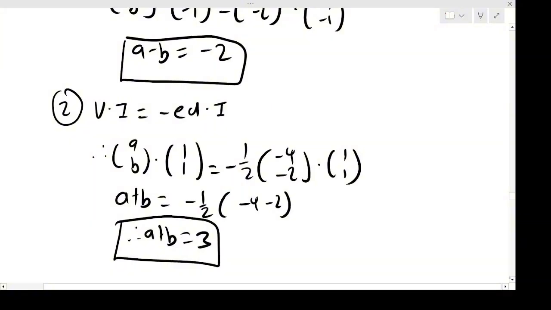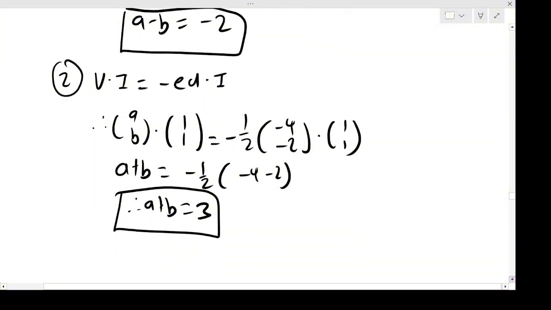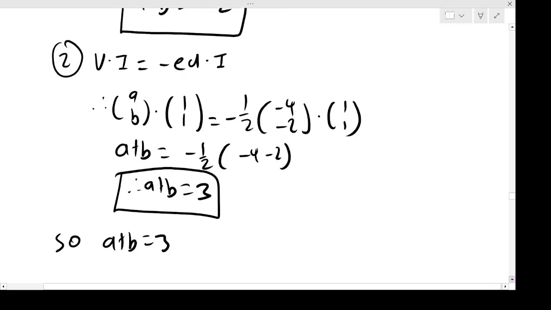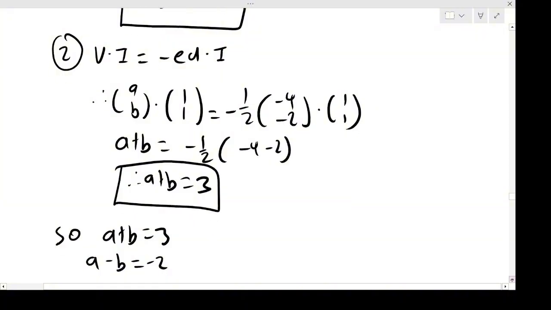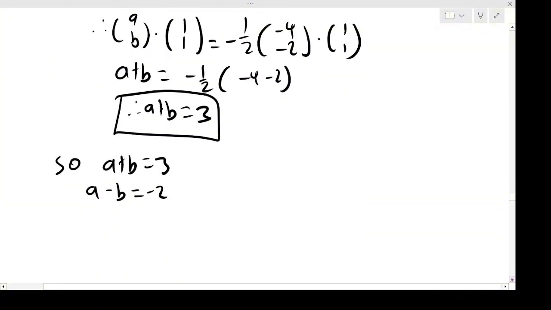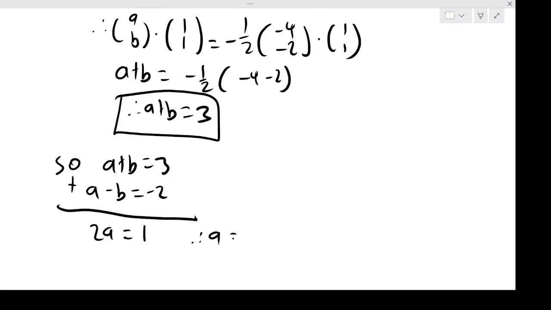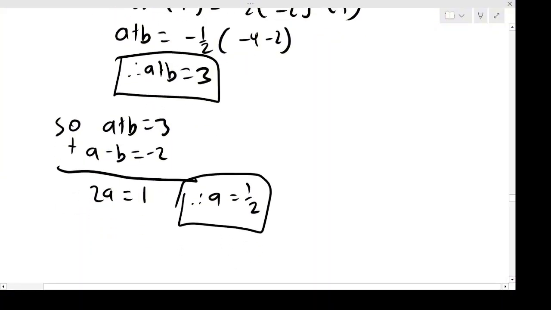So again, I've got simultaneous equations now. So I have A plus B is 3 and A minus B is -2. And so then actually I can add the equations, because then I'll get rid of the b's. So 2a equals 3 minus 2 is 1. Therefore a is a half. Okay. Then I can find b by substituting a back in.